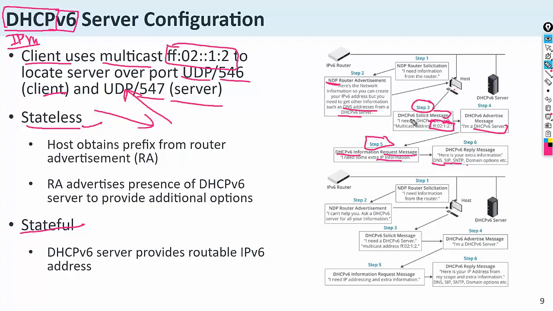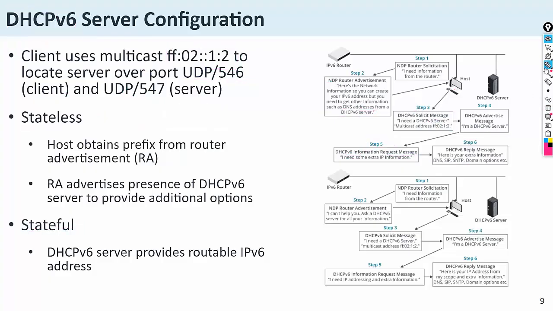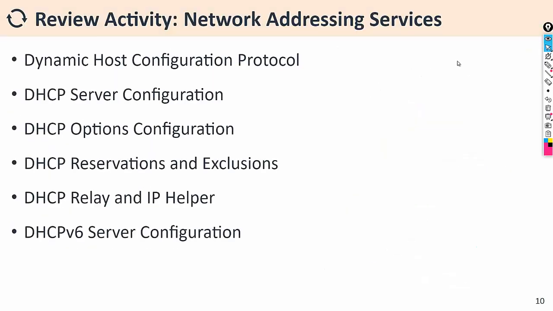So this is the complete process in DHCPv6. It looks similar to DHCP, but here it is a little bit different. Okay, so what we have covered: the DHCP server, its configuration, option configuration, reservation, exclusion, relay and IP helper, server configuration and all.